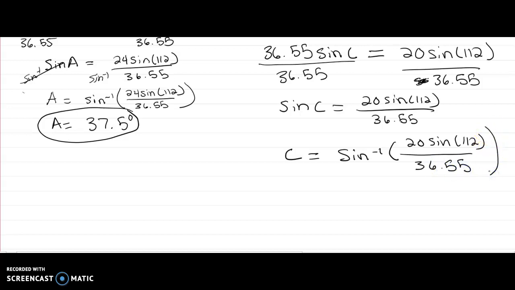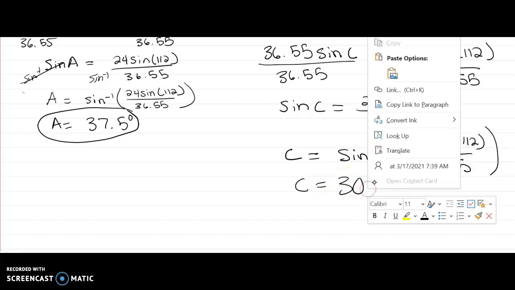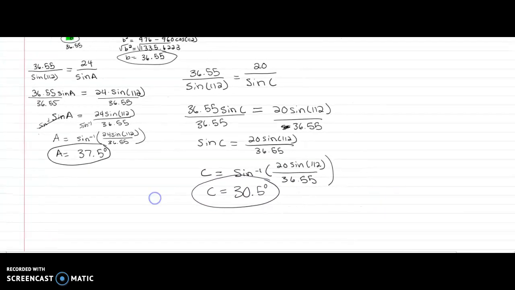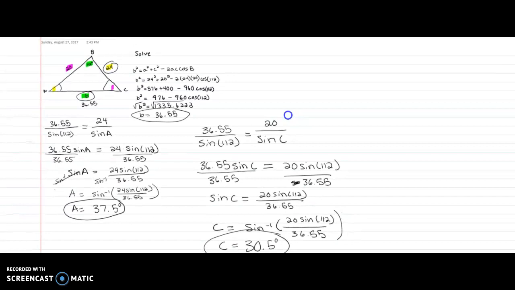Okay, plug that into my calculator. And I get C is equal to 30.5 degrees. Okay, and that's it. So I solved for each of the missing pieces, so I solved this triangle.